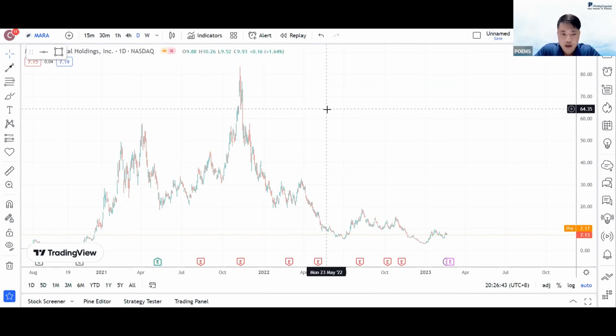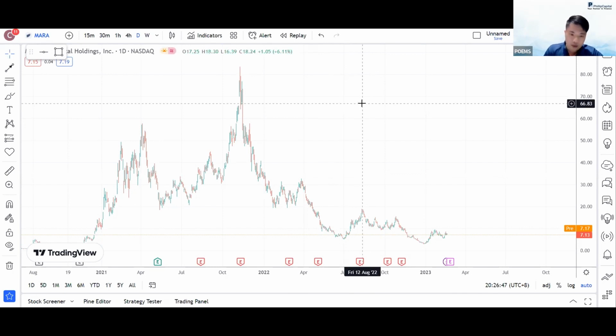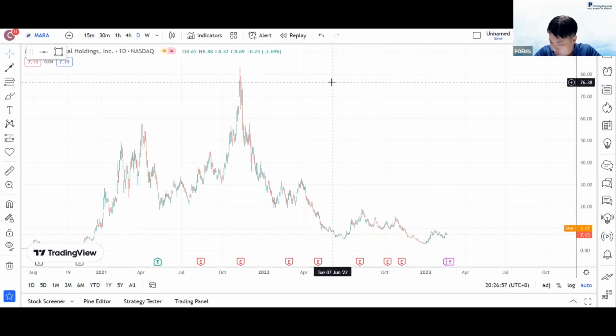Because of the constant strengthening of the US dollar, the whole crypto market is heavily affected. Before I continue talking about the crypto industry, Mara, Riot, Hive, and BTBT, just take note that the current Fed interest rate is at 4.75.